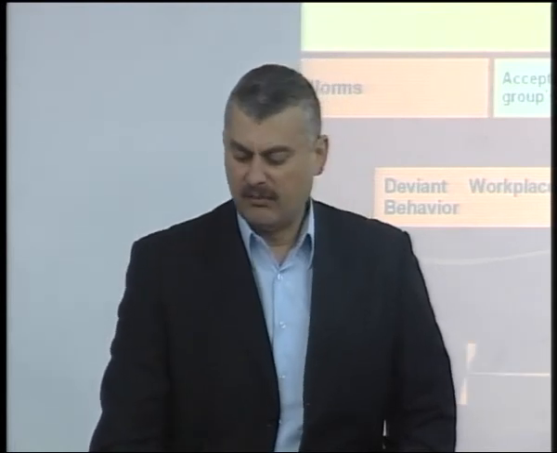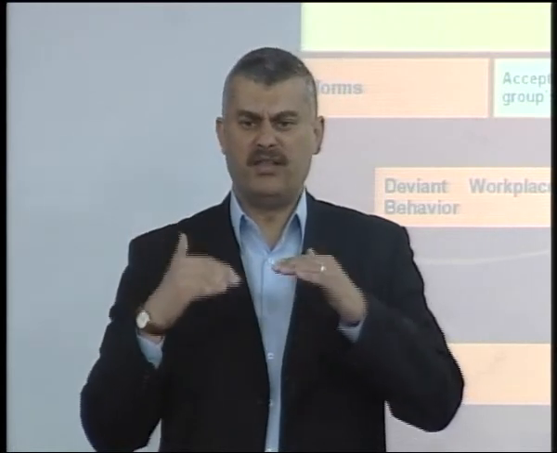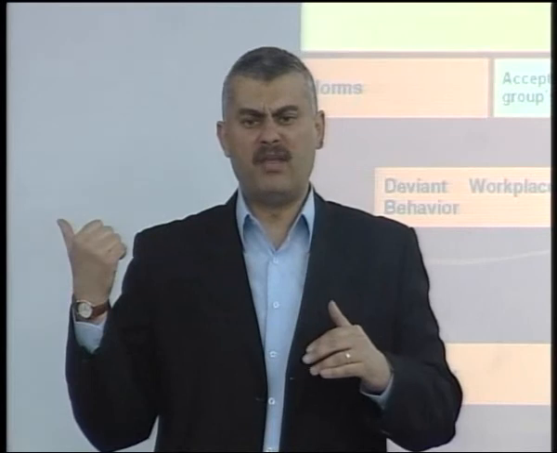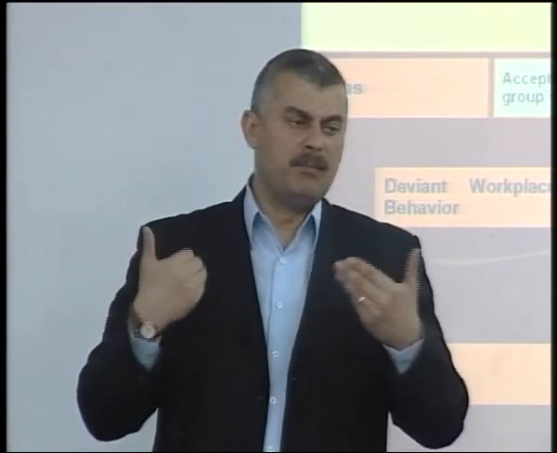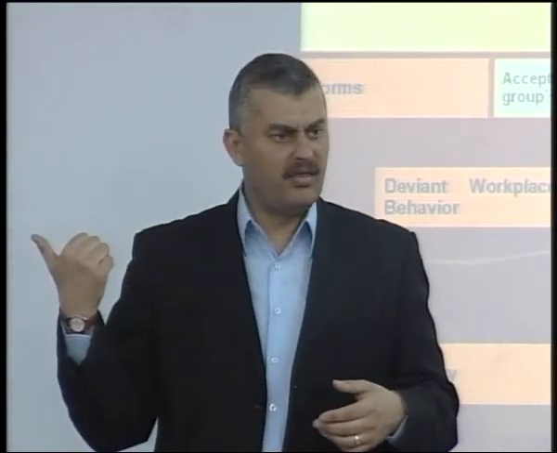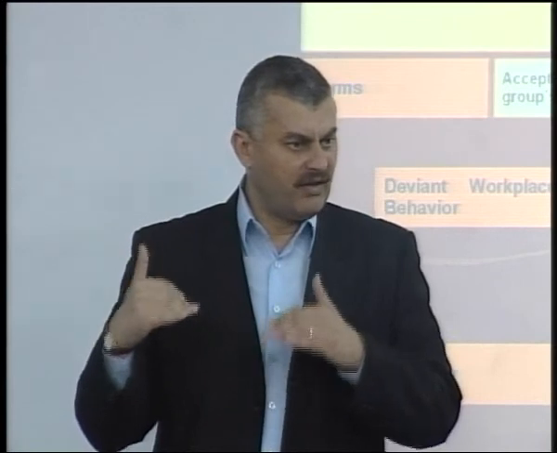Sometimes, for example, like the Hawthorne studies, there was a positive effect where they maintained the same level of production, but when they gave them incentives, the group members did not increase performance to the level desired by the management, and this is a negative effect.